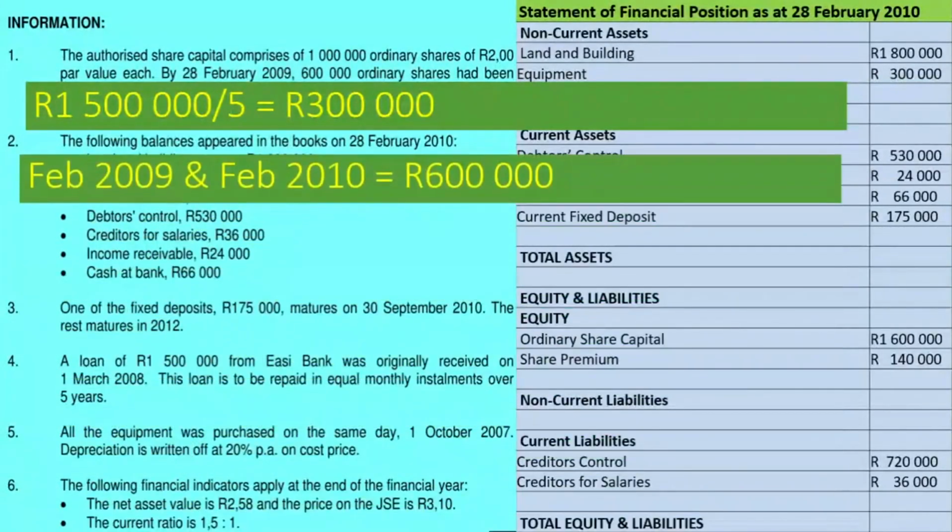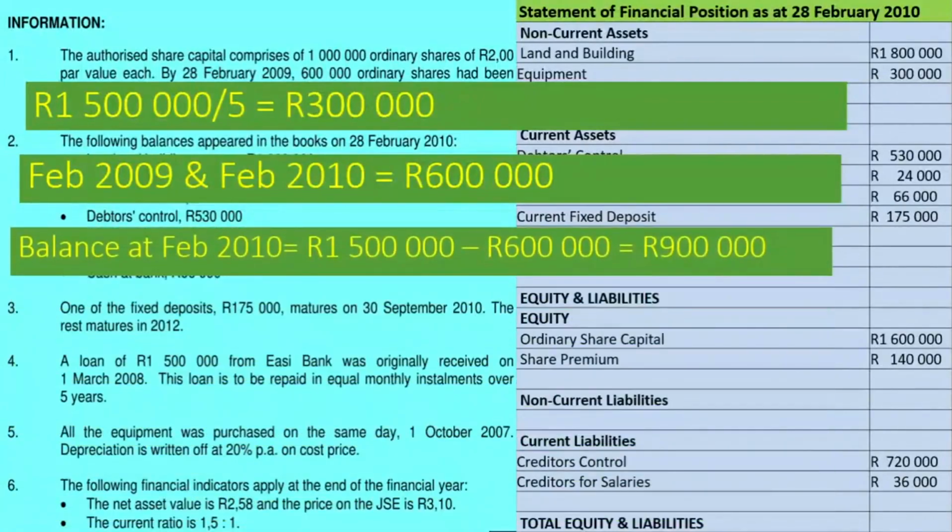So that means for the years ended February 2009 and February 2010, 600,000 rand has already been repaid. So what is the balance of the loan? The balance is 1.5 million rand minus the 600,000 rand that has been repaid as at the end of this financial period. It gives us a total of 900,000 rand. That's how much still needs to be repaid, 900,000 rand.